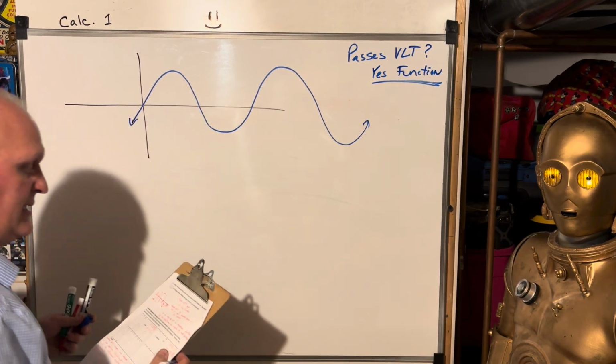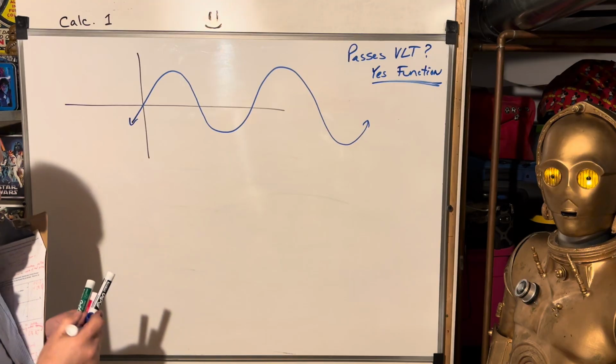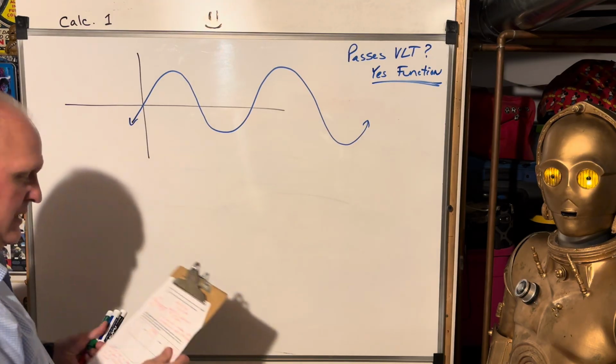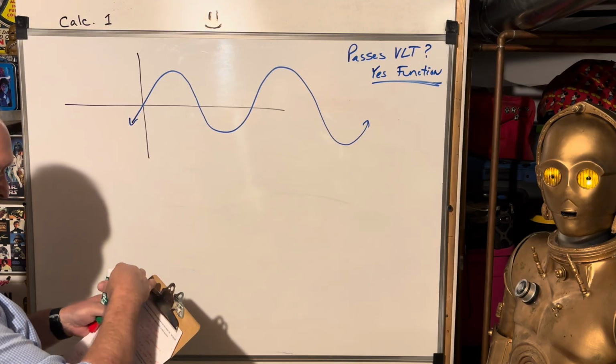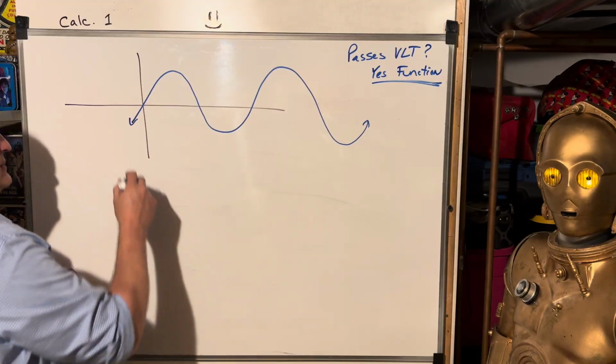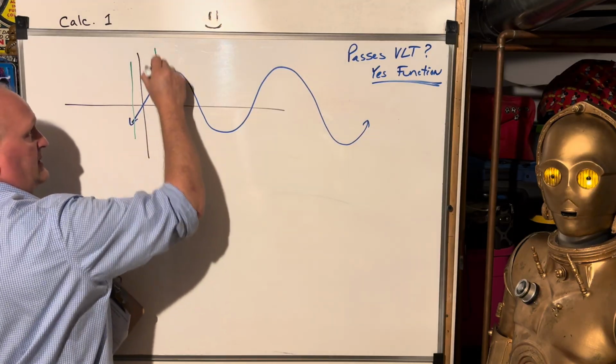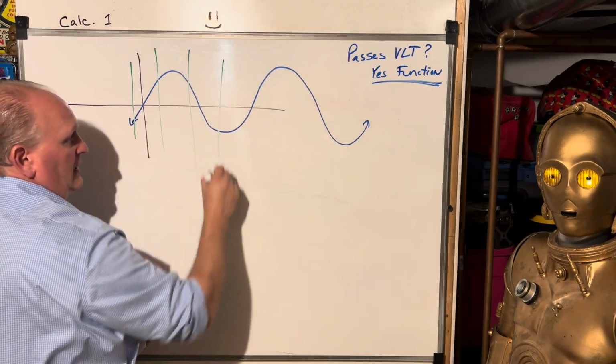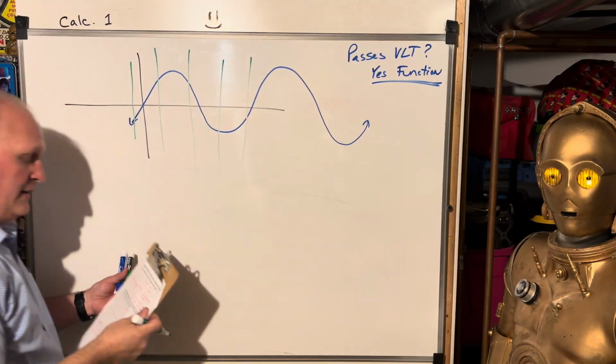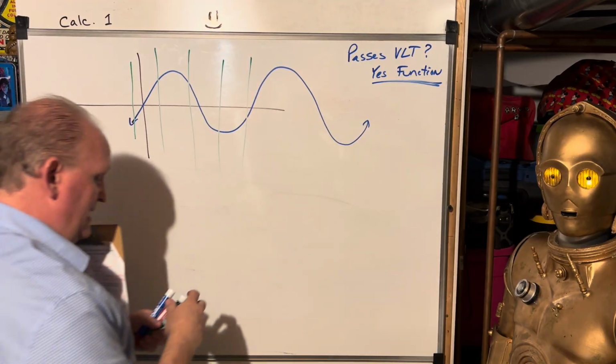But now, is it a 1-to-1 function or what do they call it? Monotonic. Meaning, it passes the vertical line test. Anytime I draw a vertical line, it only hits it in one spot. But will it pass the horizontal line test?